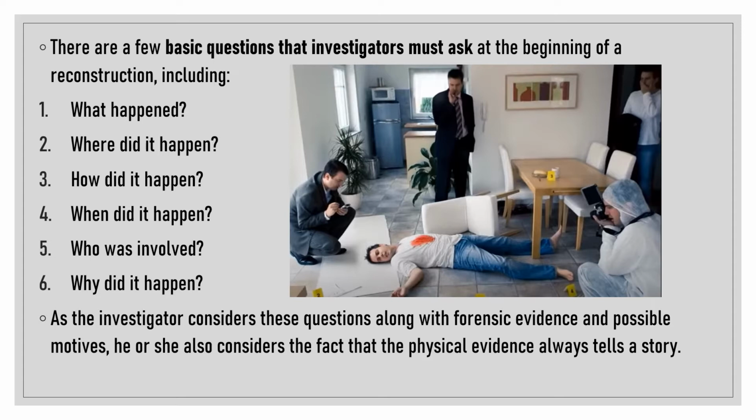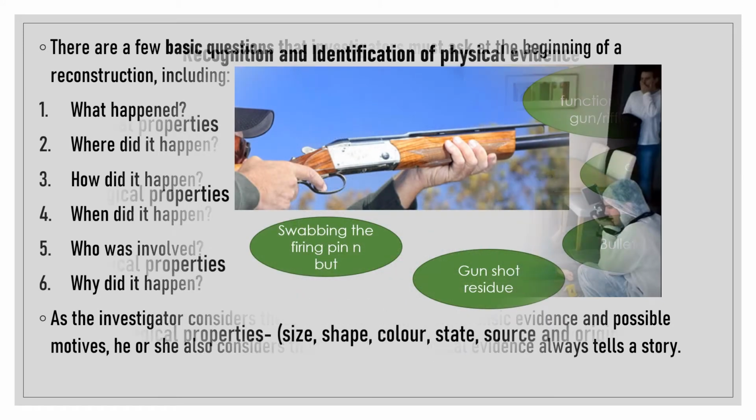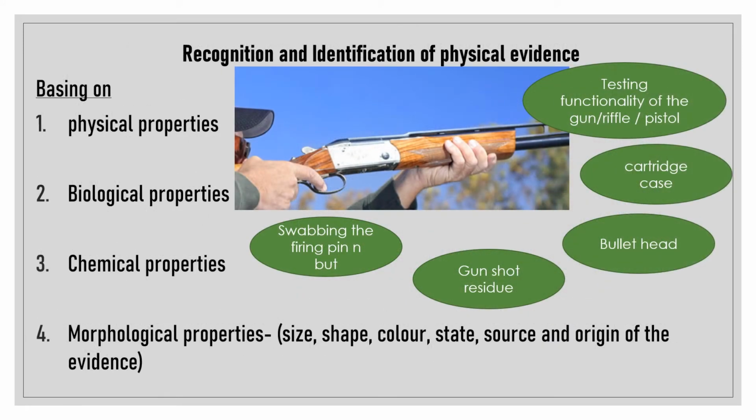Who was involved? Why did it happen? So, the investigator considers those questions along with the forensic evidence and possible motives, and he or she also considers the fact that the physical evidence always tells a story.